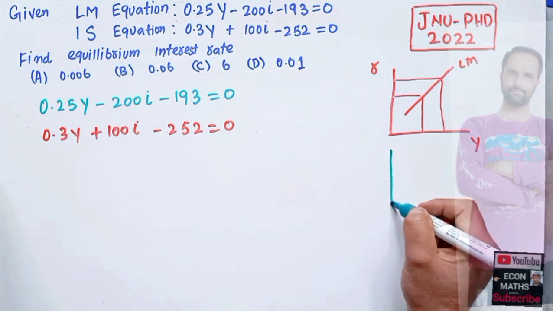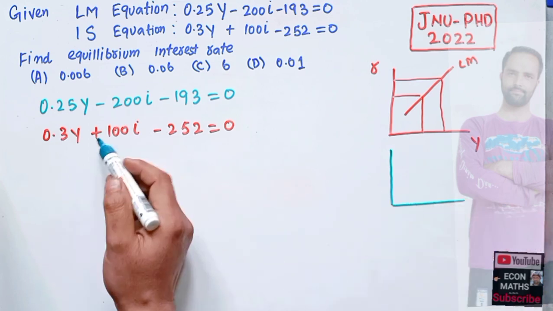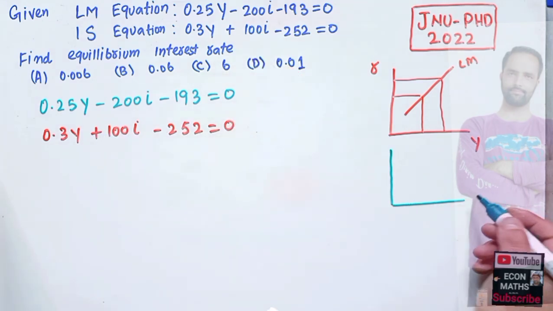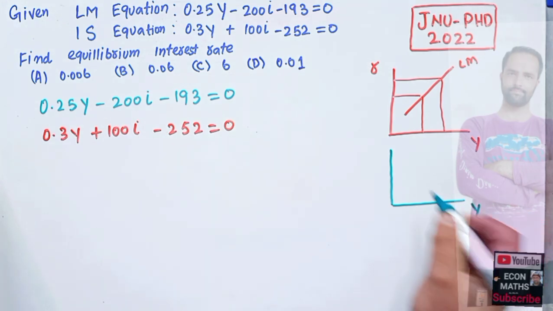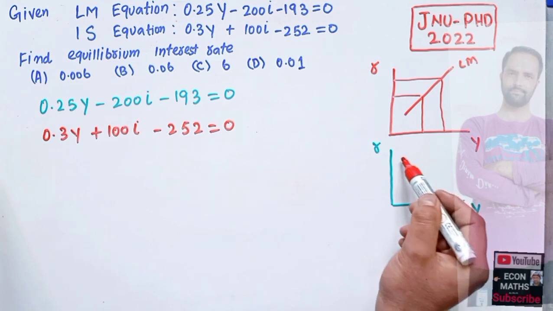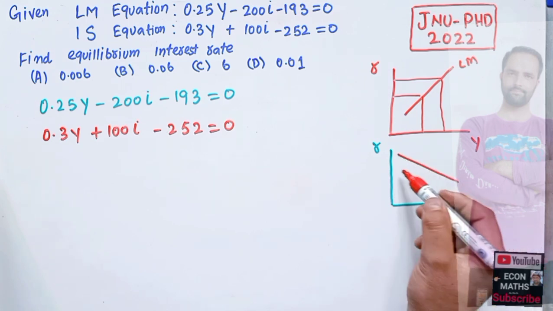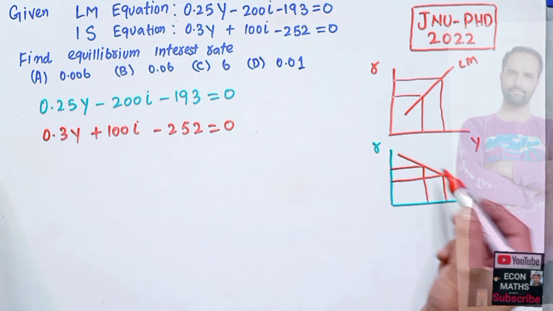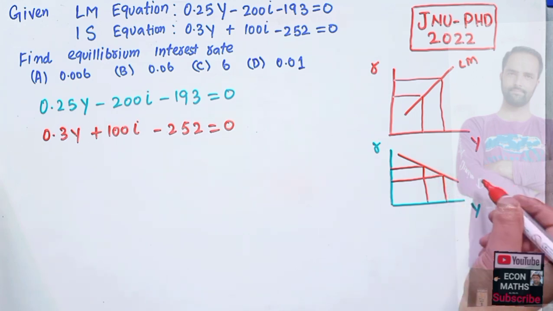So I have just rectified it. It is plus here, not minus. So we have income on this side, rate of interest on this side. The IS equation shows us the different combinations of rate of interest and level of income where investment is equal to savings. So this is our IS curve, this is our LM curve.